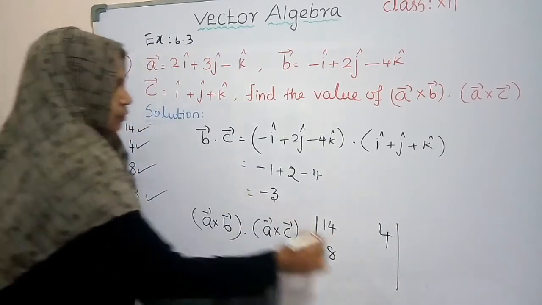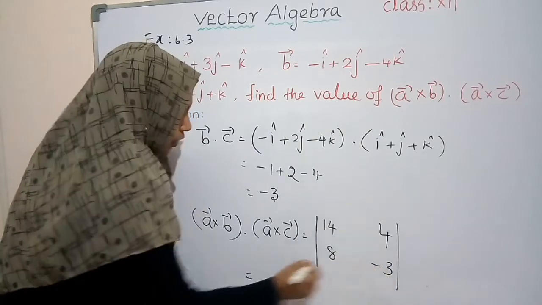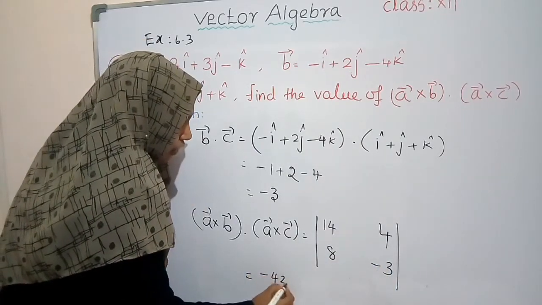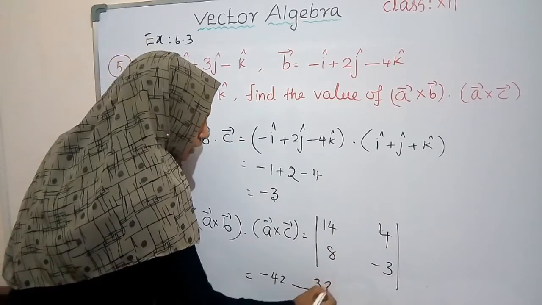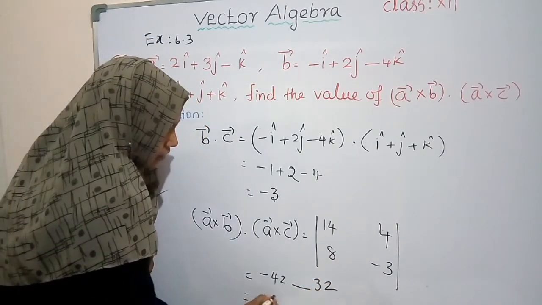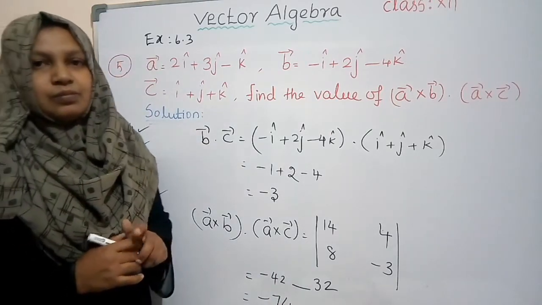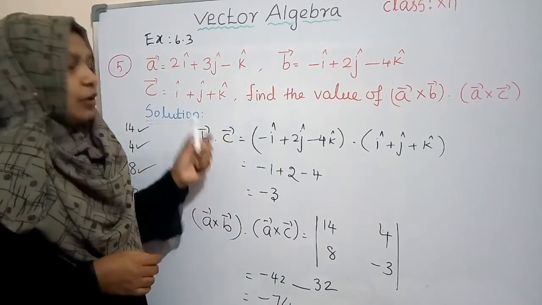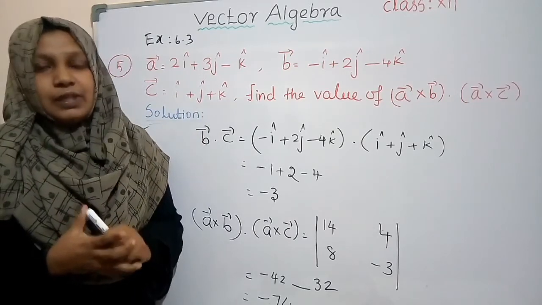The final value is minus 3. So the answer is 14 into minus 3, which is minus 42, minus of 8 into 4, 32. So the final answer will be minus 74. So I think after finding the dot product, finding the determinant value will be easy for you.